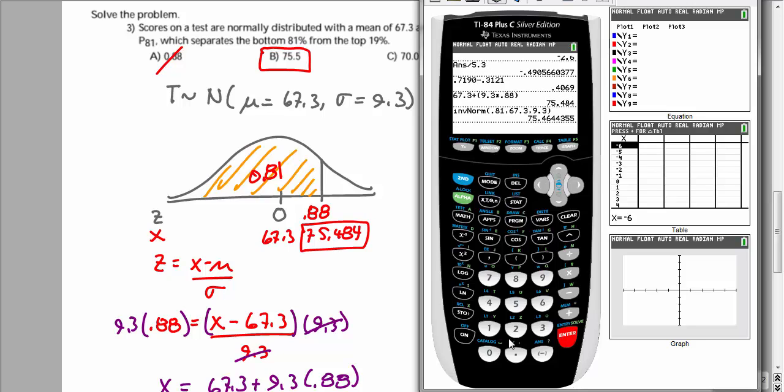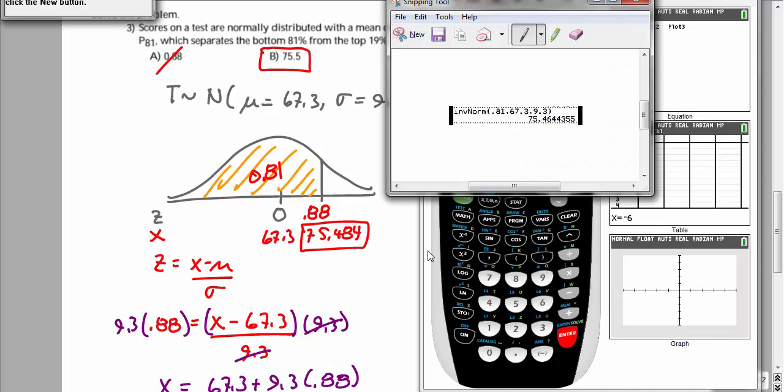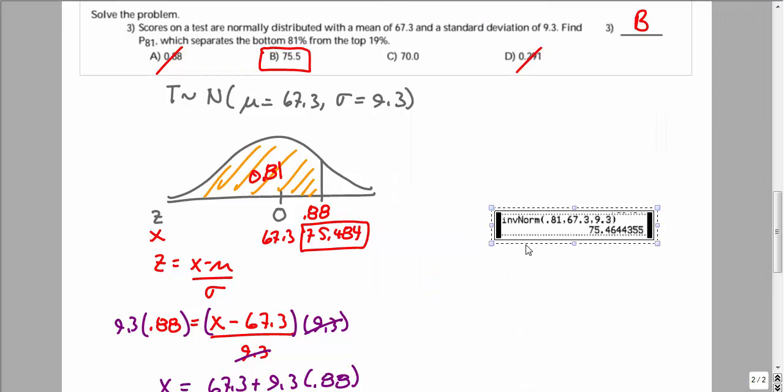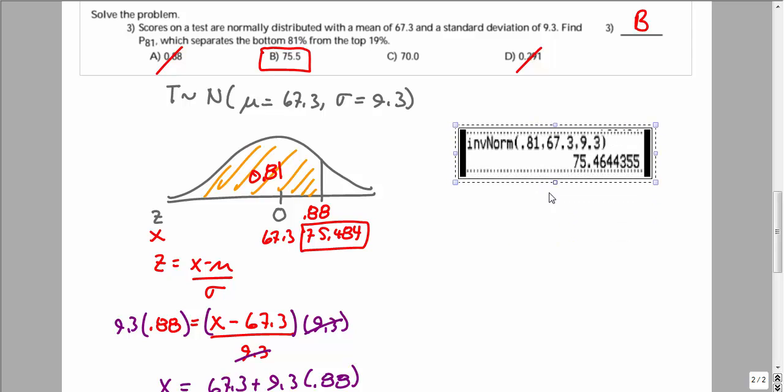So I get a similar value. So let's go ahead and paste that into the lecture. We can see that it's not exact, but if we round it to the nearest tenth, I do get a matching solution. But this curve sketch is what makes that really easy to follow and read.